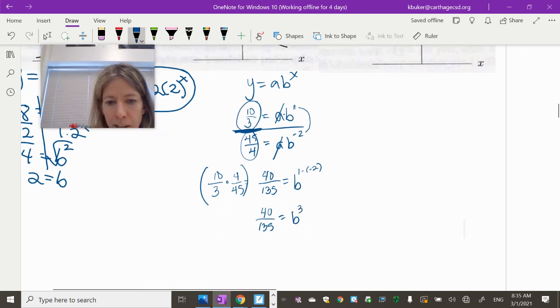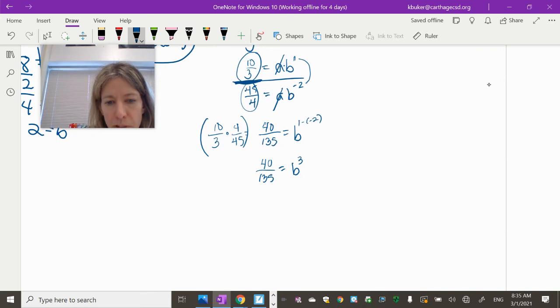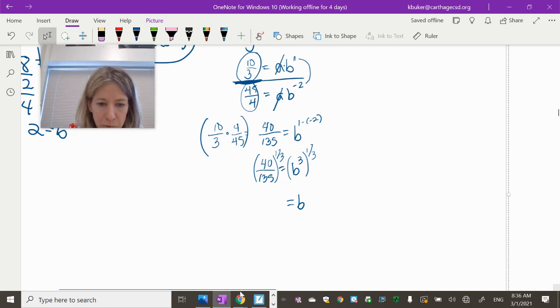Okay, and again, I can take the cubed root of this to solve for b, or I can just raise it to the 1/3 power. It's the same thing, and it really doesn't matter. I think it's easier to do the 1/3 power, which is the same as the cube root, just in a different form. So I'm going to do 40 over 135 to the 1/3 power, and I'm going to use Desmos again.